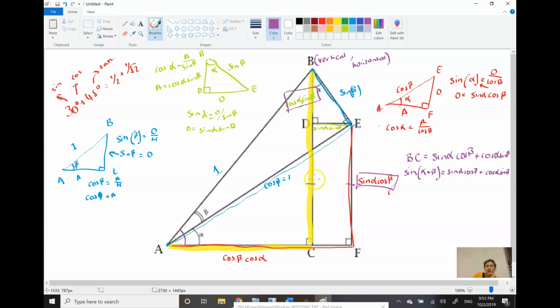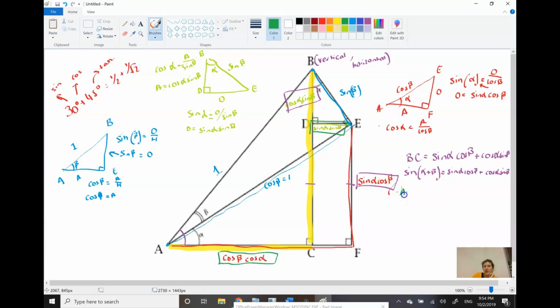The next one is to find our horizontal. I'm going to use a good color I haven't used yet. I'll use dark green. We're going to take our whole A to F, which is cos beta cos alpha, and we're going to subtract this little sine alpha sine beta.